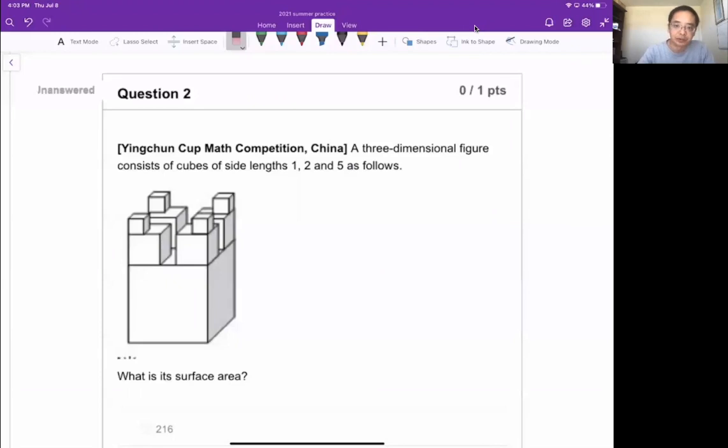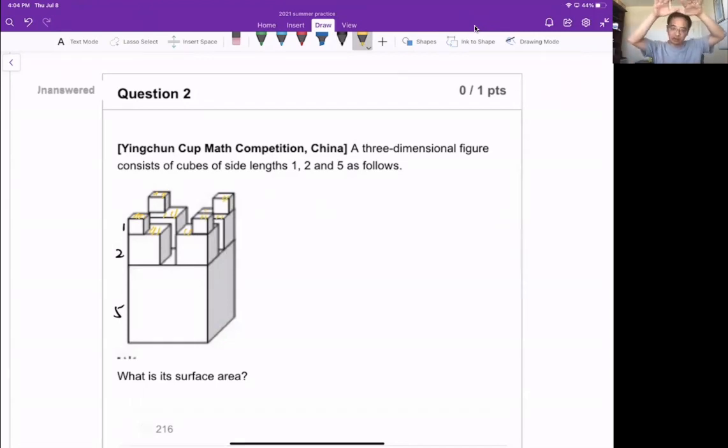Question number 2. Here we have a 3-dimensional figure that consists of cubes of side lengths 5, 2, and 1. Now, what we want to find out is the surface area of the 3-dimensional figure. First of all, let's look at those flat horizontal parts, and we can just compress them.